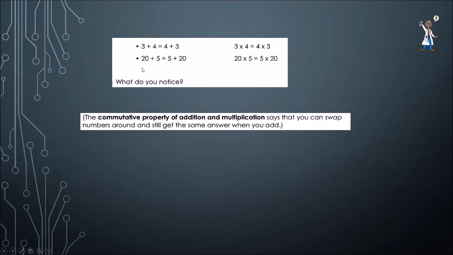Same here. 20 plus 5 is the same as 5 plus 20. It is 25. 20 times 5 is the same as 5 times 20, which is 100. So the commutative property of addition and multiplication says that you can swap numbers around and still get the same answer.